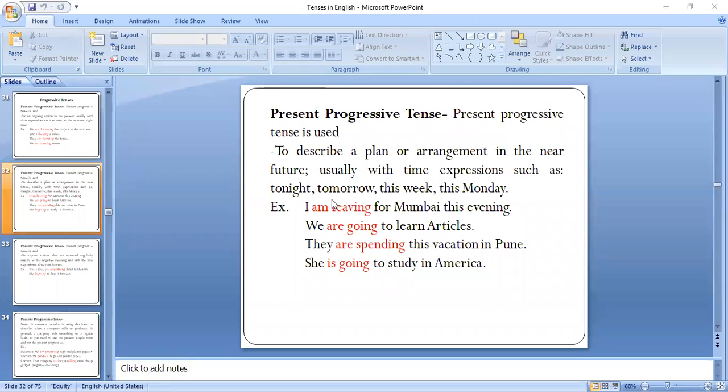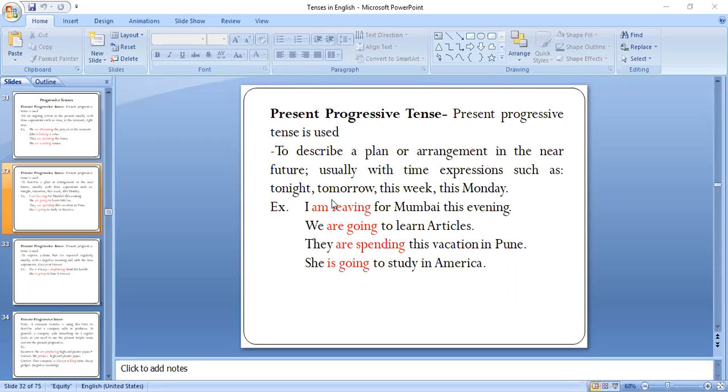Examples are: I am leaving for Mumbai this evening. I am leaving for Mumbai this evening. मी मुंबईला जायसाठी निघणार आहे. कधी? इव्हिनिंगला, संध्याकाळी. ओके, आय एम लिव्हिंग. सो फॉर डिस्क्राइबिंग द नियर फ्युचर, आज मी मुंबईला निघणार आहे.